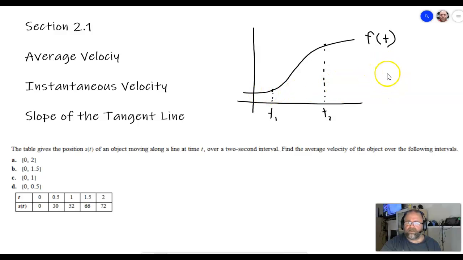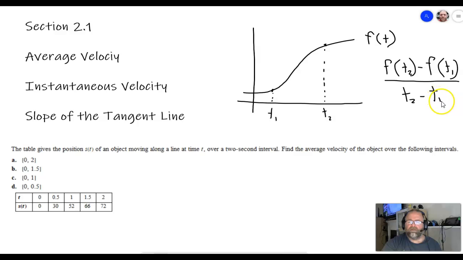So it'll look something like this: f of t2 minus f of t1 all over t2 minus t1. Right, just like we would if it was a slope.